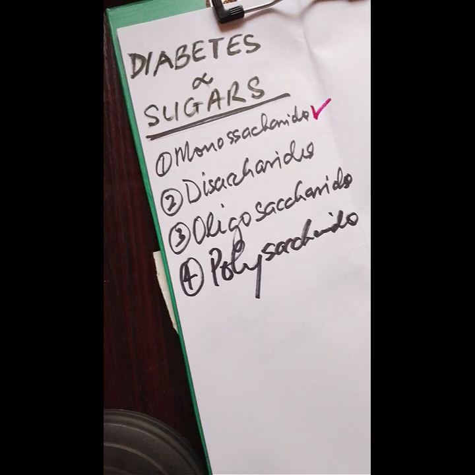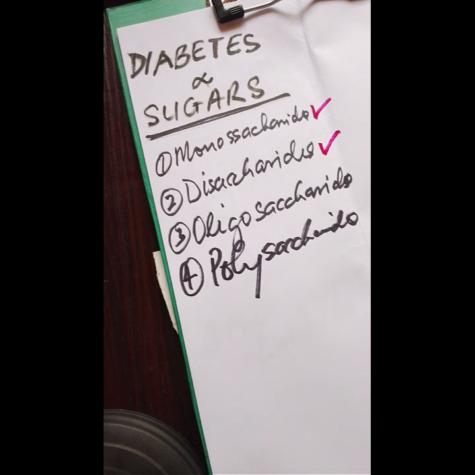After the monosaccharides, the next class of sugars are the disaccharides. As their name indicates, they contain two monosaccharides. We have sucrose, for example, made up of 50% glucose and 50% fructose.